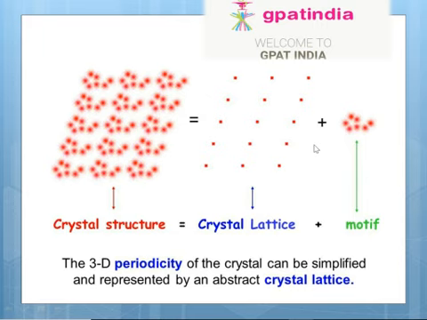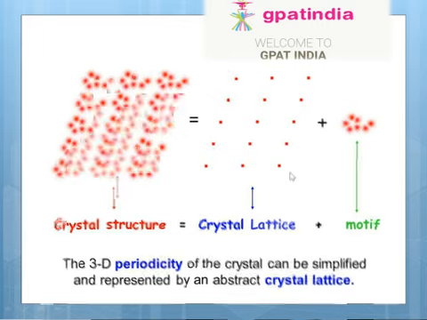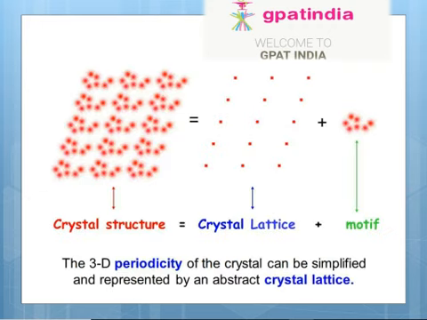So motif is the physical object repeated at each point of a lattice, usually atoms or molecules, while lattice is the regular spacing arrangement of geometric points, often decorated with motifs. Like it will go there, and make the crystal structure. So always remember what is lattice, what is motif, and what is commas to get a crystal structure.